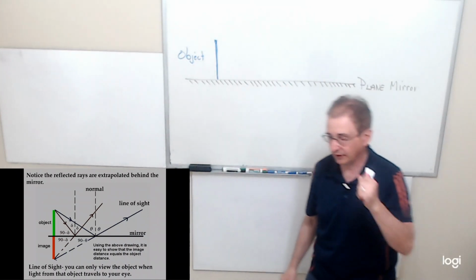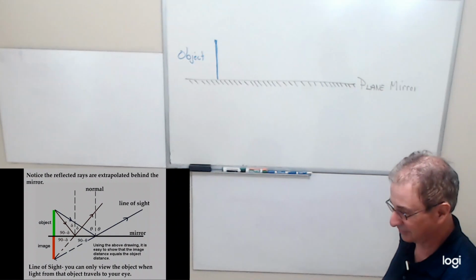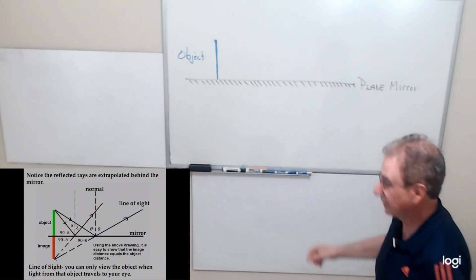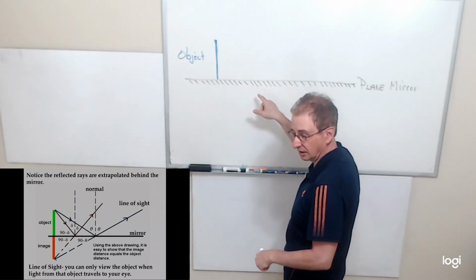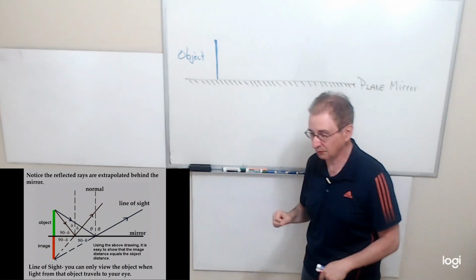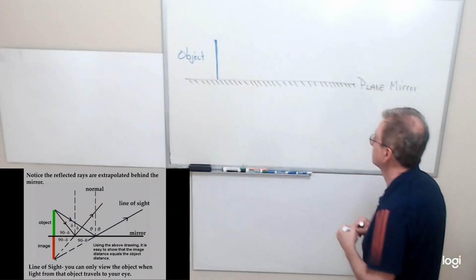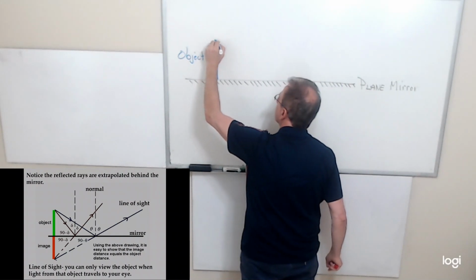If I'm very judicious in picking out certain rays that hit the object and scatter off the object and go to the mirror, I can figure out a way to determine where the image is formed. So let's consider a ray that hits off the top of the object at some angle, comes in like this.